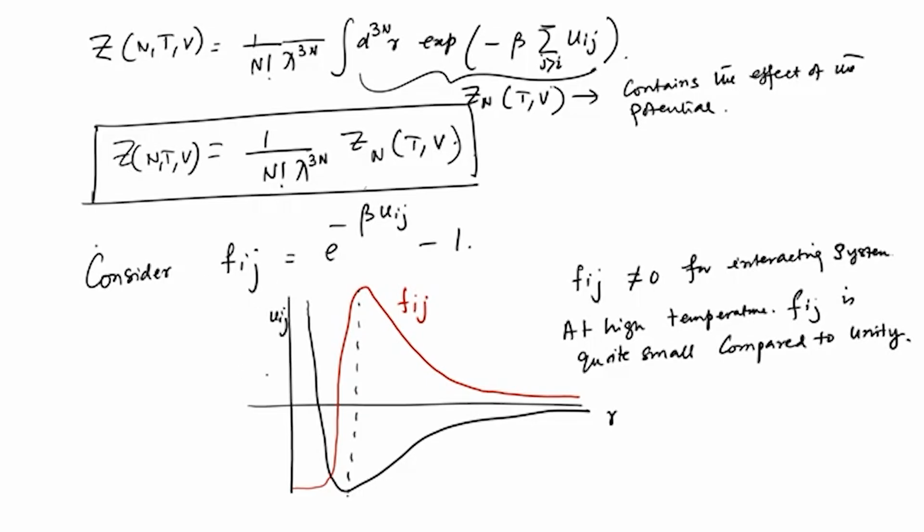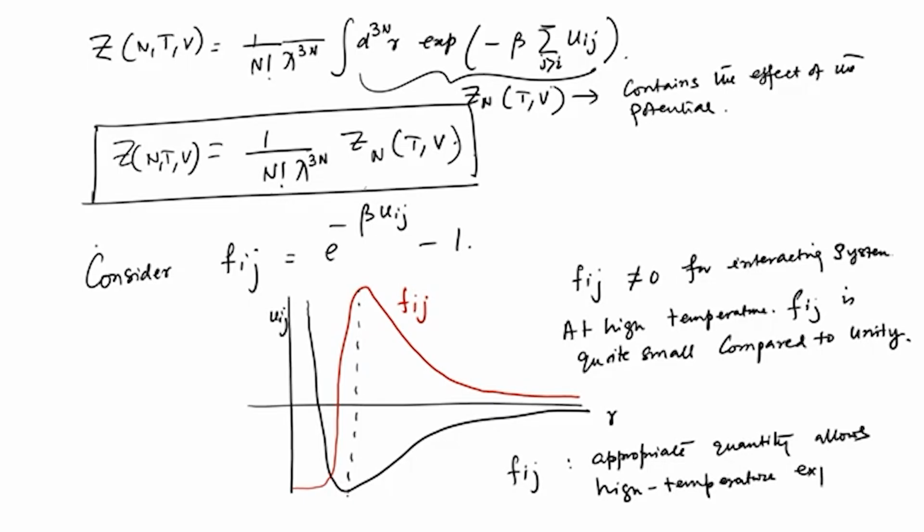This tells you that f_ij is an appropriate quantity that allows a high temperature expansion. All right, so we are going to calculate things in terms of f_ij.